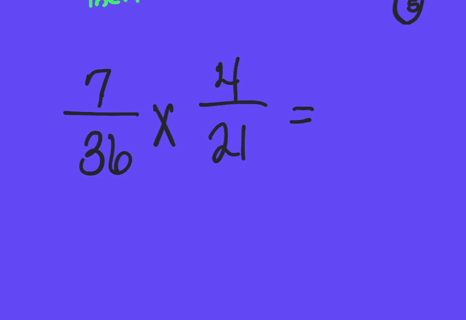So I'm going to try to see if I can make my numbers smaller before I even get started. So if you're going to do it that way, remember to follow your multiplication sign first.